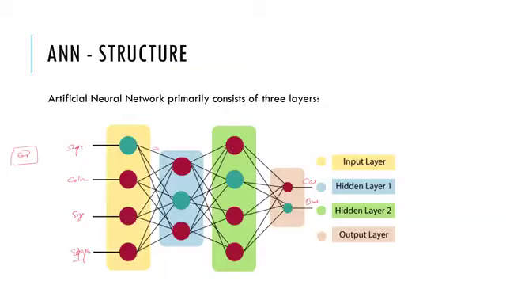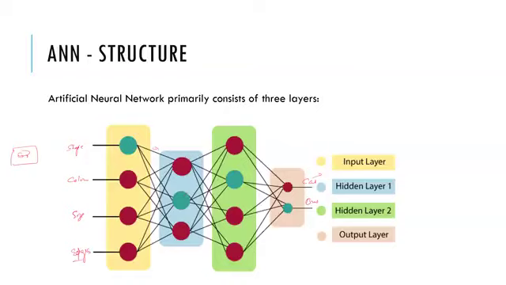So this node may give more weightage to this particular feature, or this may give more weightage to both the features, and this may give the average weights to all the features, something like that. Then finally it will help the output layer decide whether the features coming out from the image are for a car or a bus, and it will give that with a probability. So that's how this network would work.